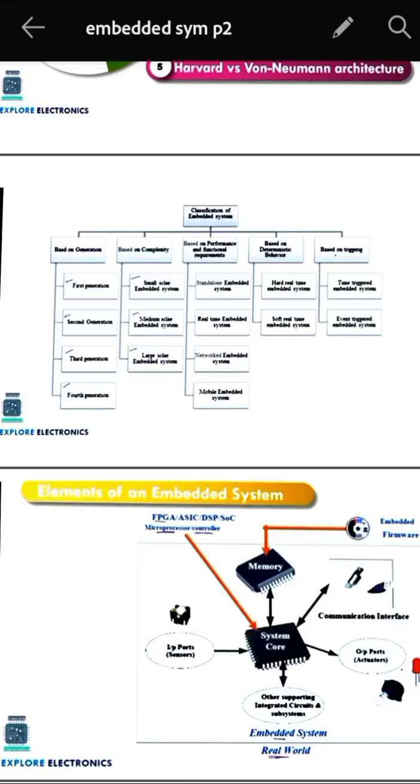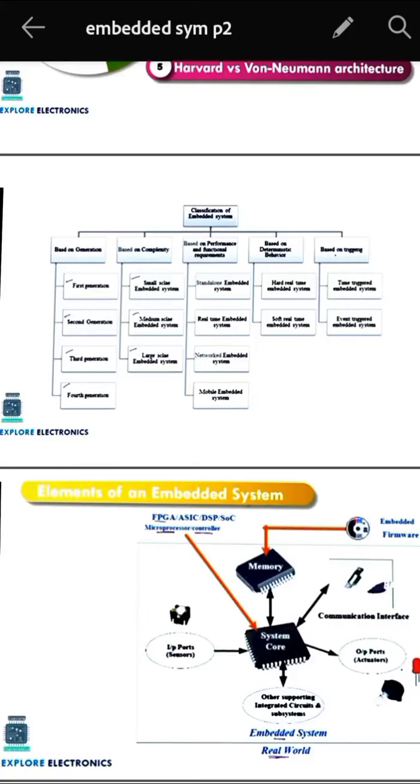Okay, then memory. Memory is used for storing purposes and is connected to the system core. This memory contains the program code which we have to run, and it is connected to the embedded firmware, which is software. Firmware means software.